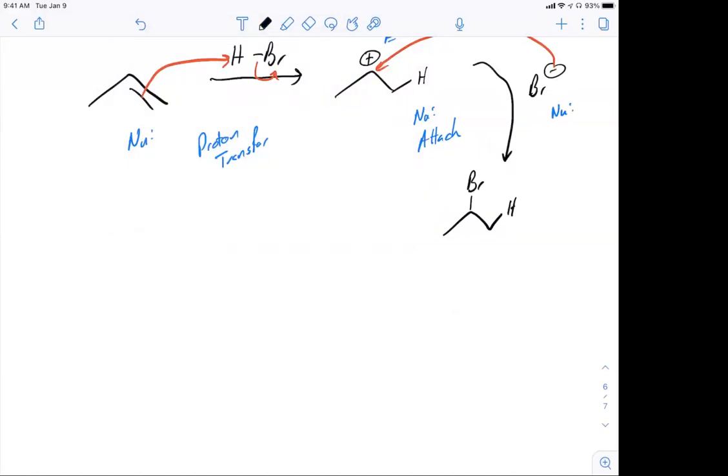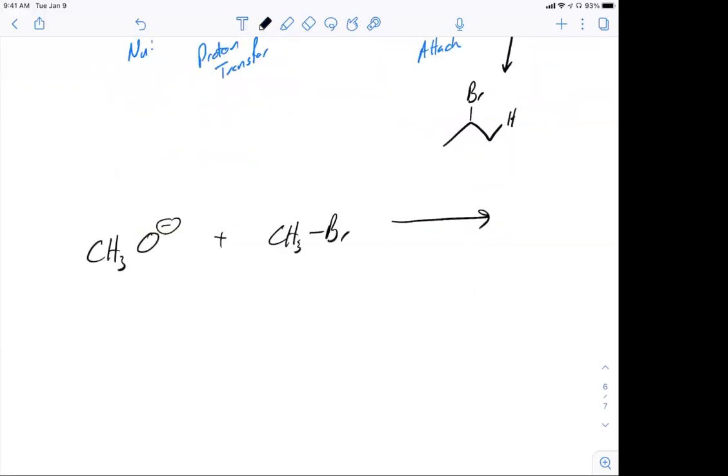So let's look at another one. Again, a reaction we haven't learned. But let's see if we can predict what's going to happen and what the mechanism is going to be. Okay. So if we look at our first species here, we've got an oxygen negative.